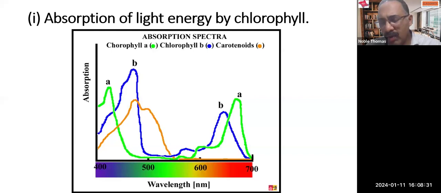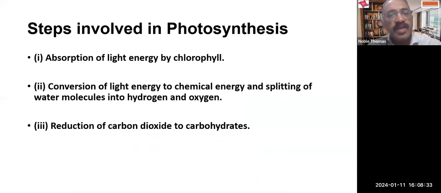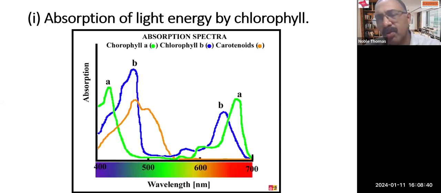Okay. Now, when we are talking about the first step, absorption of light energy by chlorophyll, if you check the pattern of absorption, we can see that all the light available to plants cannot be absorbed by the chlorophyll.